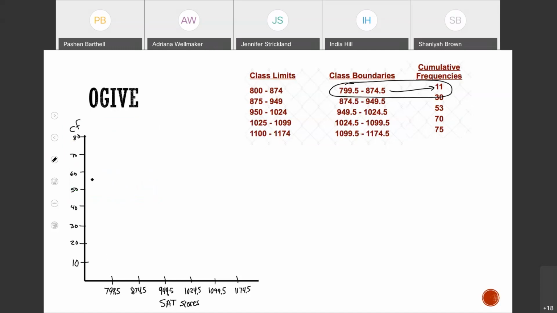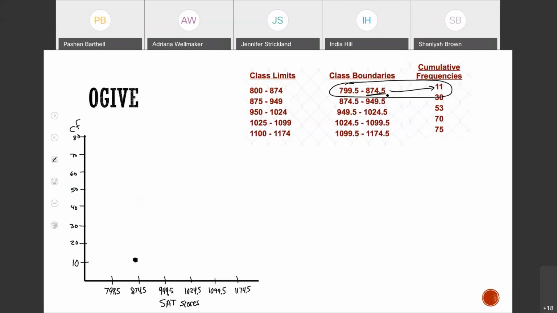All right, what if I put it at the end? If I put it at the end, that means that by the time you get to 874.5, by the time you get to the end of the class, you've seen all 11 values. That's true. Okay.